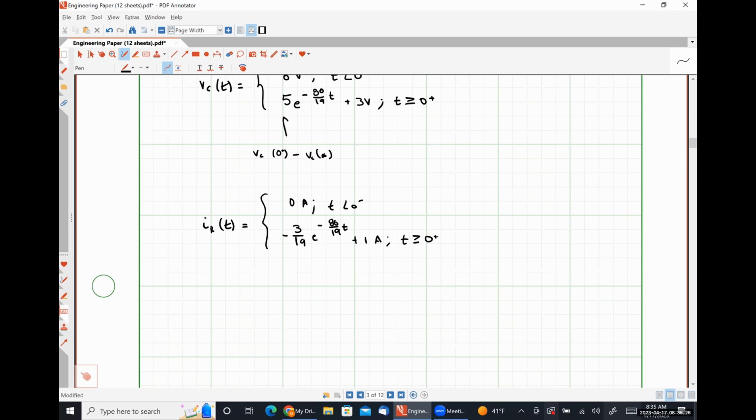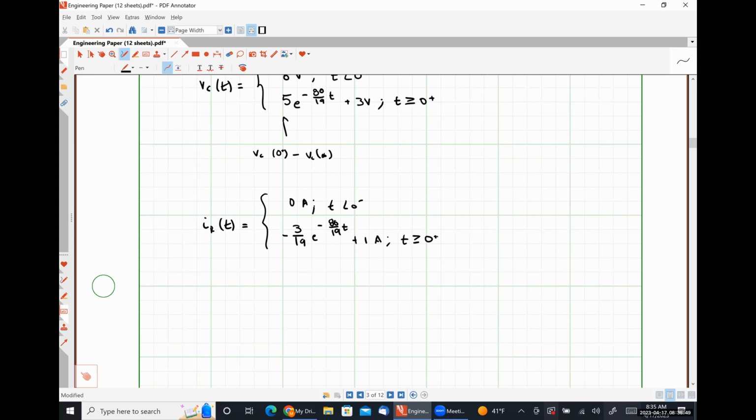Thevenin and Norton equivalent circuits, inductor and capacitor relationships, and then this transient analysis stuff, right? So this transient analysis stuff is going to be literally 8 of the 15 analysis type questions on your exam.